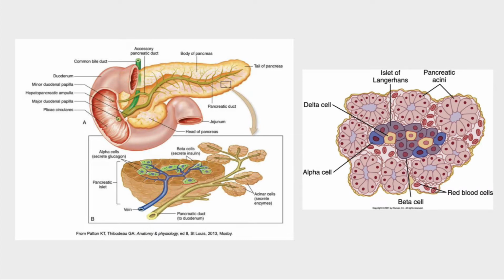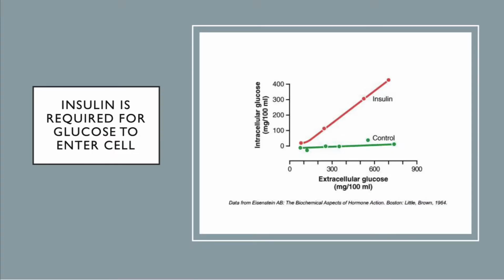You know that the pancreas has alpha cells and beta cells, and the beta cells are the ones that produce insulin. And insulin is important because in order for sugar to get into any cell, with one exception, some specialized neurons can get sugar into the cell without insulin, but the rest of the cells in the body require insulin to get it in.